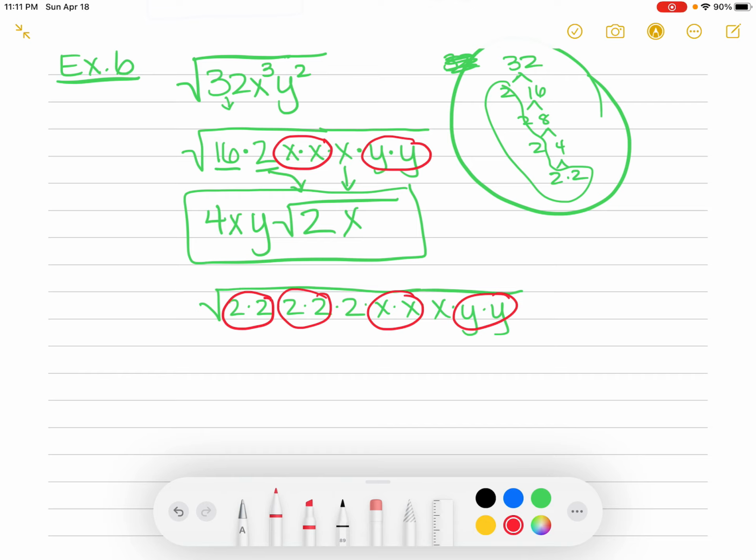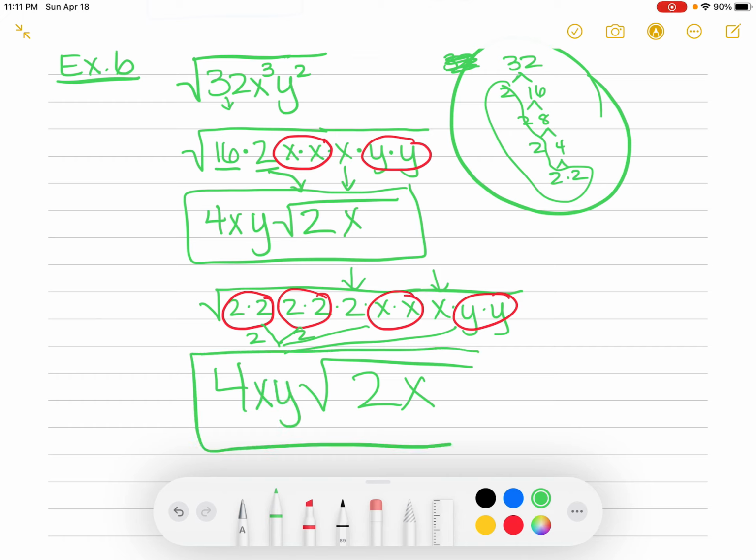Everything that did not get circled is going to stay inside the square root sign. So that's going to be the 2 and the x, right? So that's this and this. And then on the outside is going to be all the things that are in circles multiplied by each other. So here I have a 2 and a 2, so that's going to be a 4, and then I have an x and a y. You see, I got the same thing. I just did it a different way.